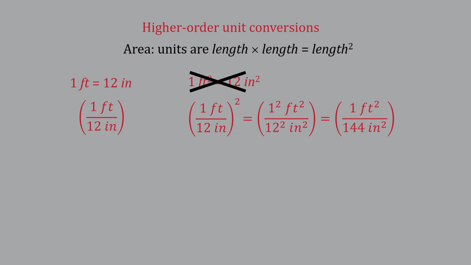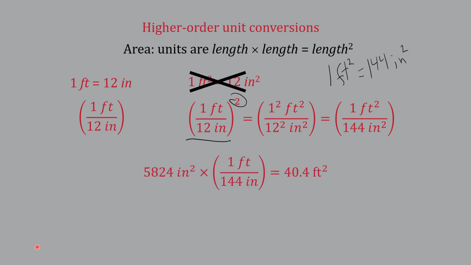If you want to work backwards, this tells you that 1 square foot is equal to 144 square inches. But you don't need to remember this, because all you need to do is remember this one and raise it to the appropriate power.